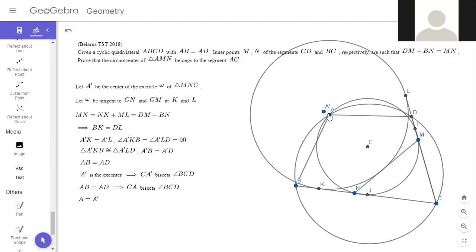I know I remembered it from before. Basically, once we know that A equals A prime is the excenter, I said it earlier in the video. How does that finish it?